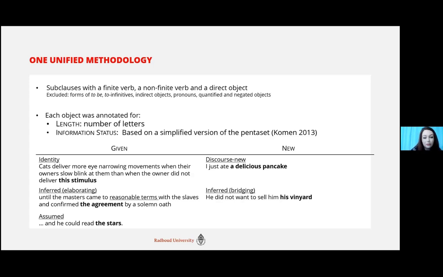In "he did not want to sell him his vineyard," his vineyard is linked by the "he" by means of that possessive pronoun, but just because that person exists doesn't mean that that vineyard also immediately exists, because not everyone owns a vineyard.